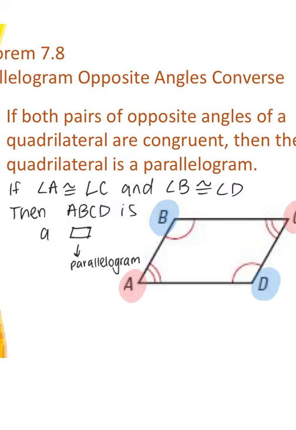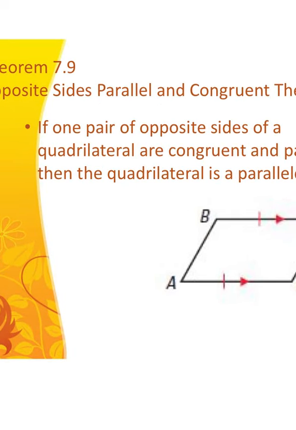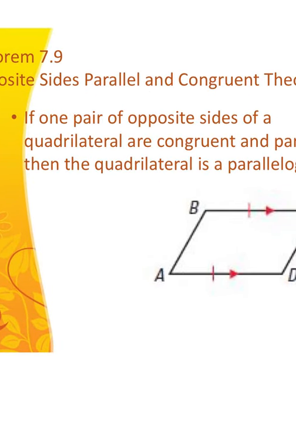Okie doke. Theorem 7.9. Opposite sides parallel and congruent theorem. If one pair of opposite sides of a quadrilateral are congruent and parallel, then the quadrilateral is a parallelogram. So if BC and AD are parallel and also congruent, we've got a parallelogram.